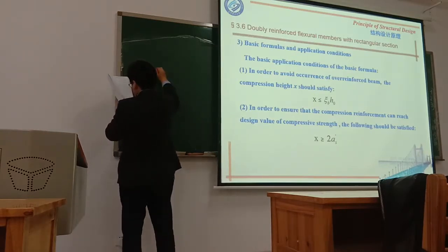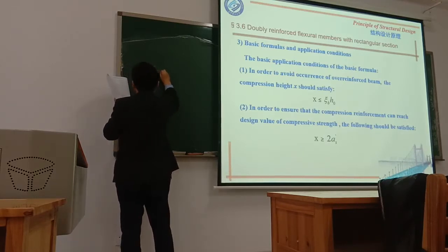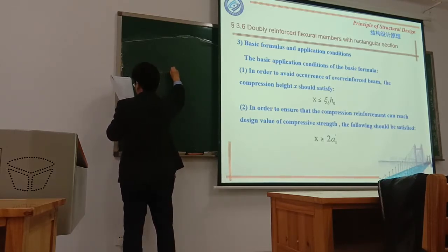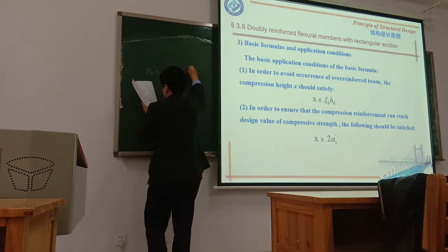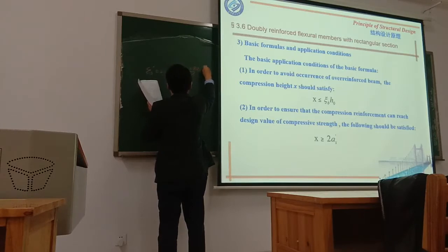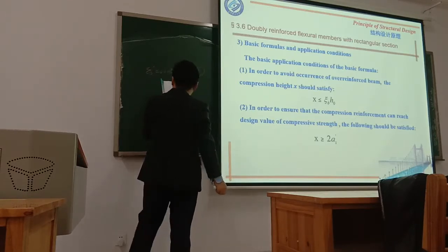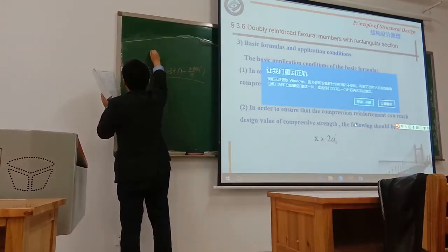So this epsilon S prime, 0.0033, 1 minus X, 0, AS prime 2. Finally, we got this. Why we got this? Because we use this.